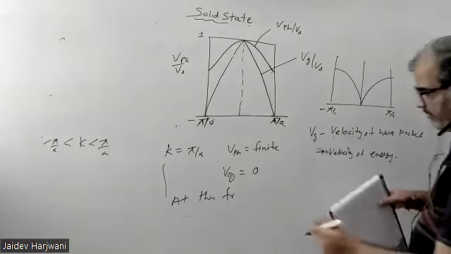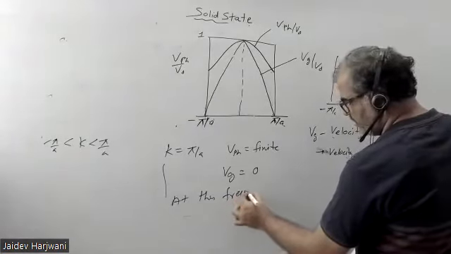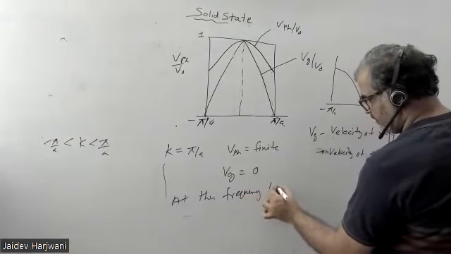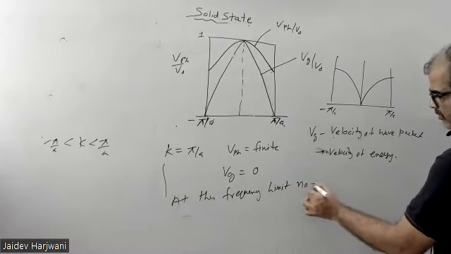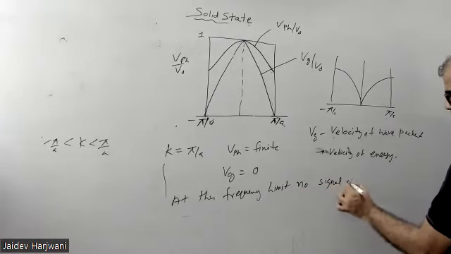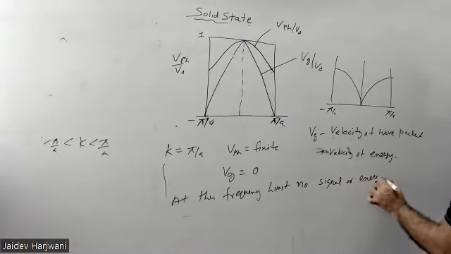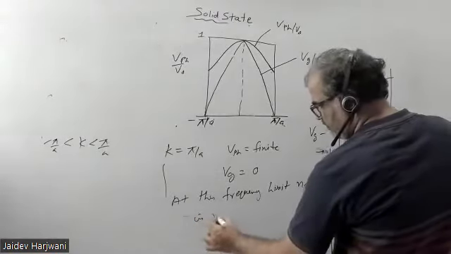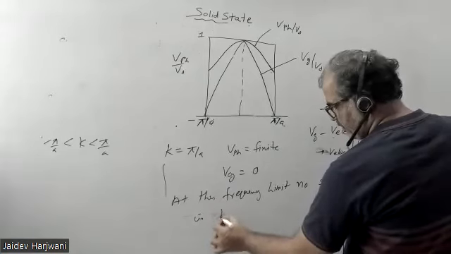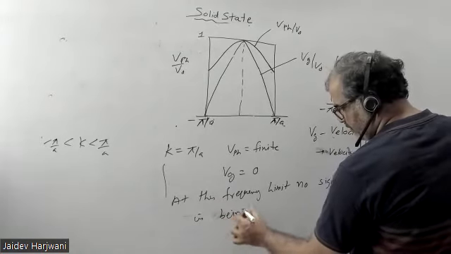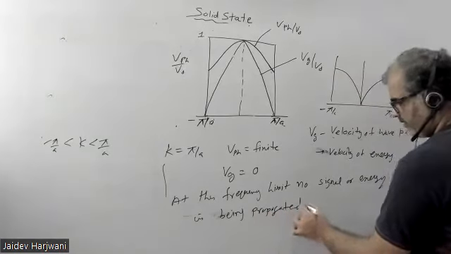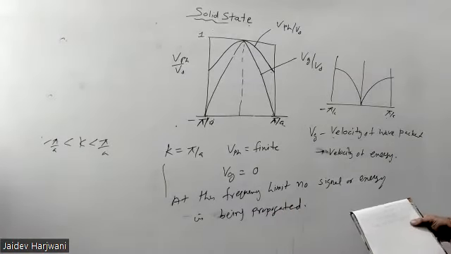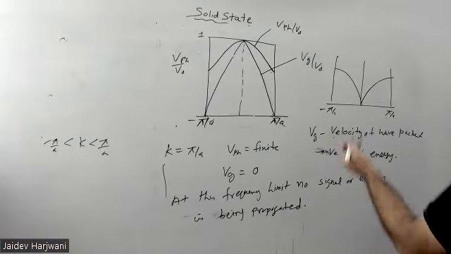At this frequency limit, no signal or energy is being propagated. No energy will propagate because the group velocity is 0.